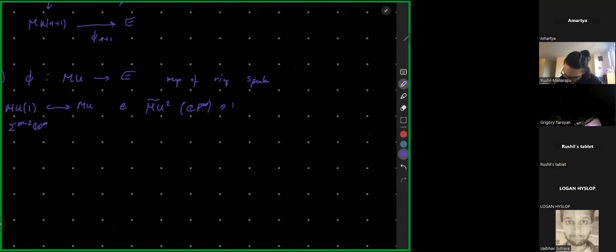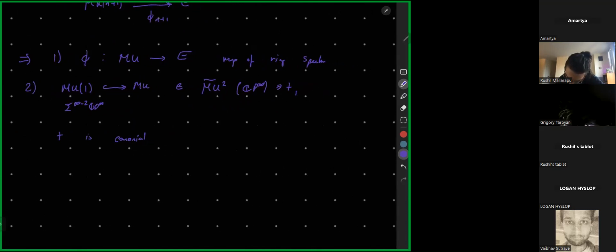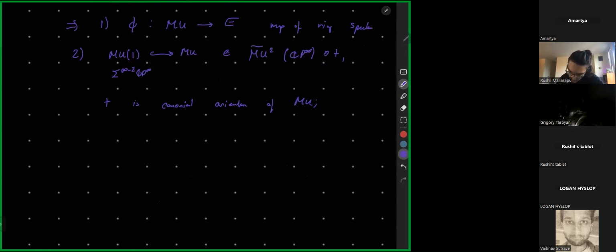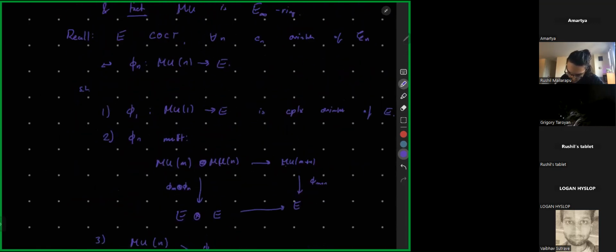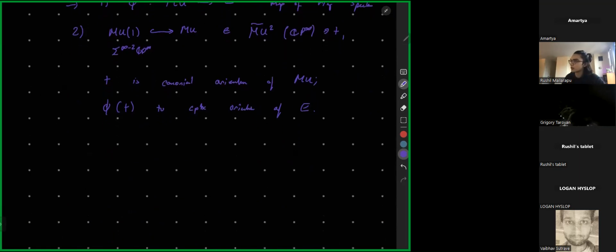So we call this class T, then T is the canonical orientation of MU. And in fact, because of our condition 1 up here, our map phi as we've defined it sends T to the complex orientation of E.